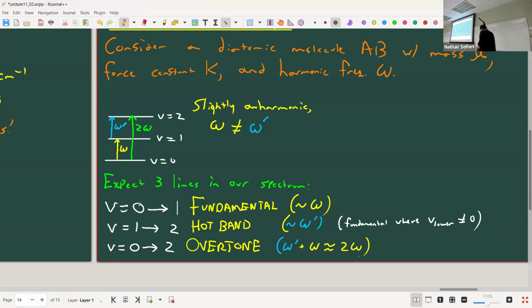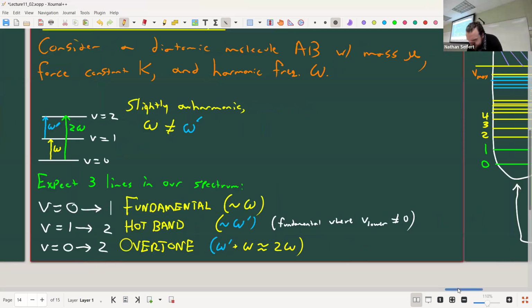So now the question I want to pose is, which one is the strongest? Which one is most intense? Do we see all of them? It's a good question.